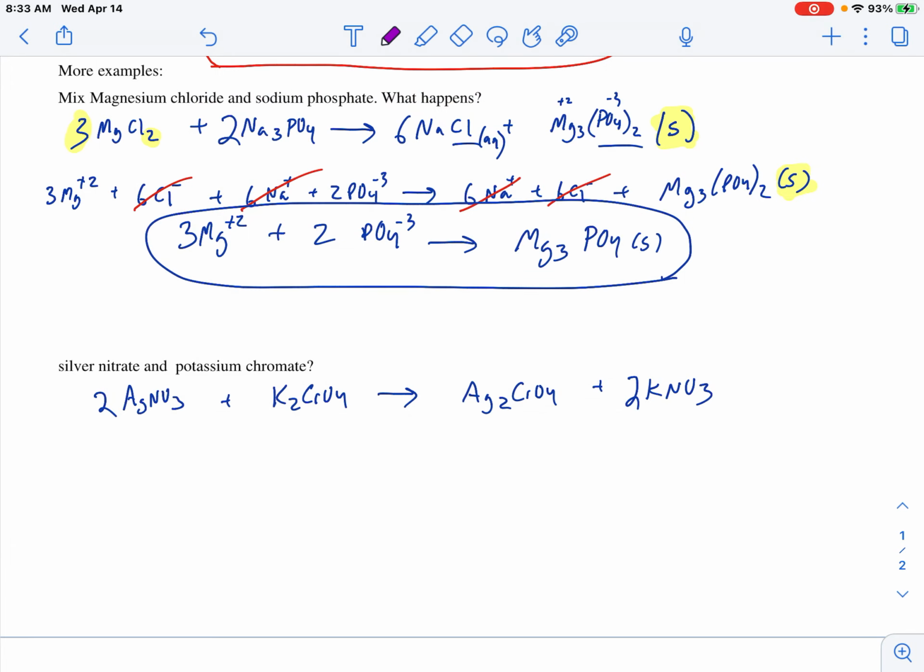Okay, so chromates are insoluble, so that silver chromate is going to be my solid. All nitrates are aqueous. So now that we know we're focusing on silver chromate, let's break everything up.